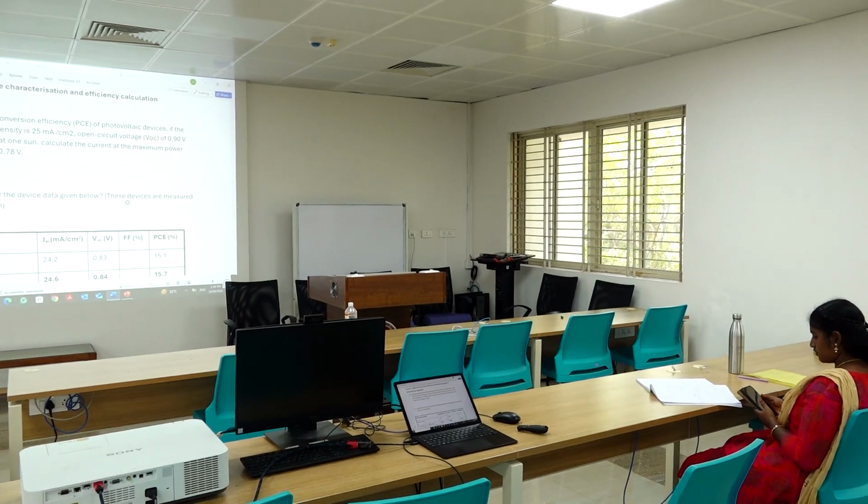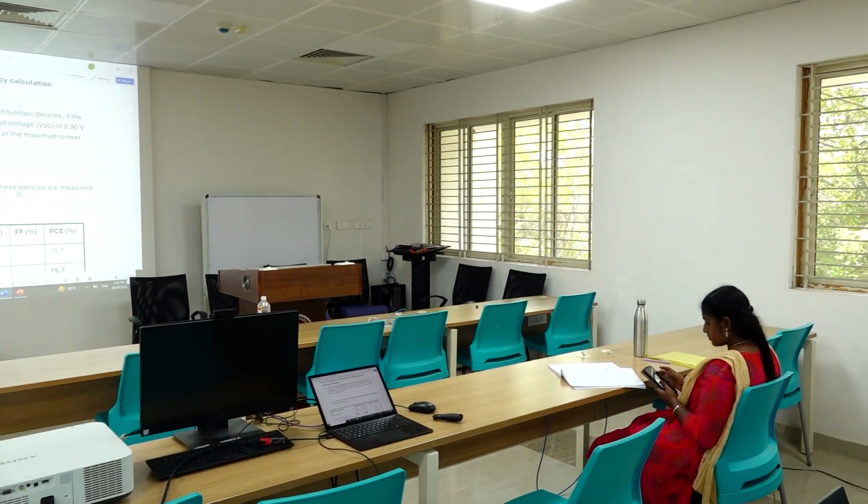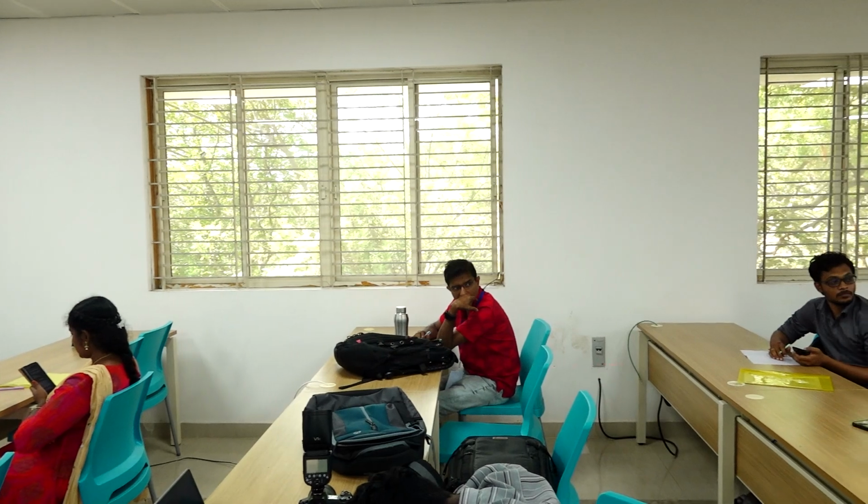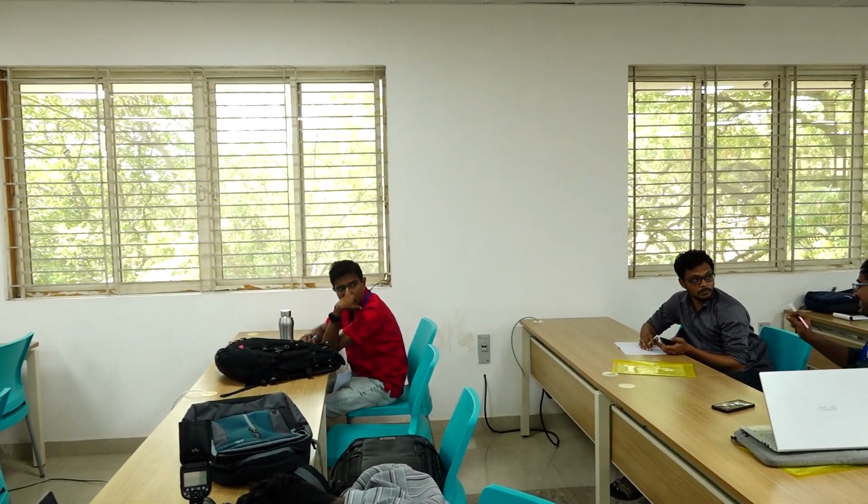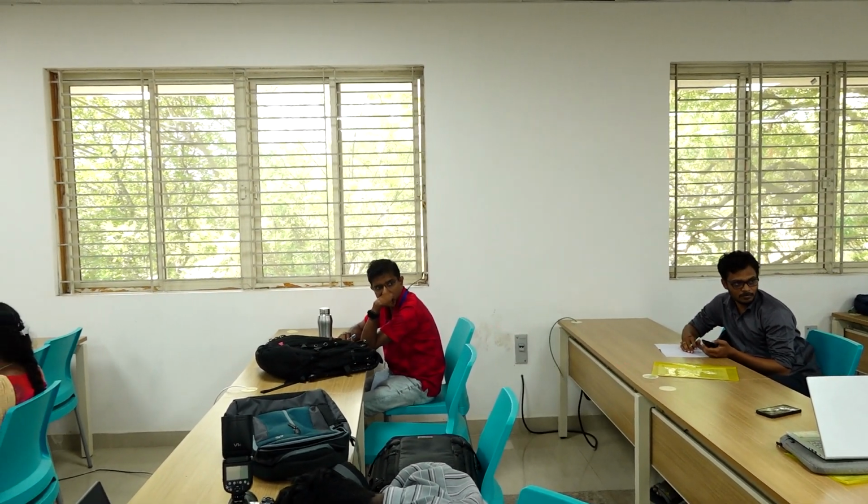Divided by 1. What is it? Don't take milliamp. Just keep everything in milliamp. So when you calculate this, don't convert anything. Just take the value as it is, because these are milliampere per centimeter square. Your input power is also 100 milliwatt per centimeter square. If it is 1000 watt per meter square, you can take it as 100 milliwatt per centimeter square.